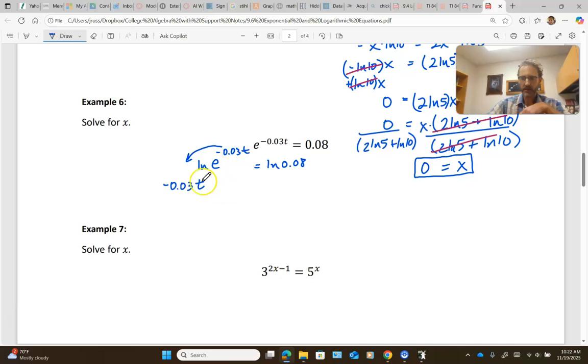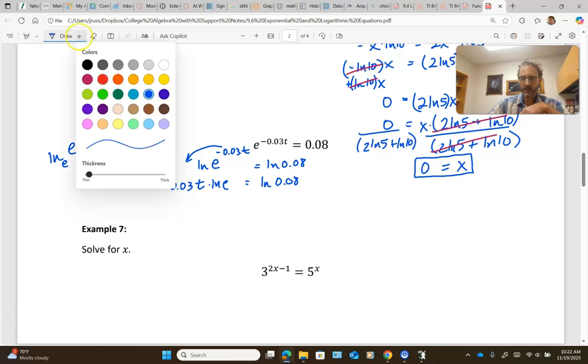So we'll have negative 0.03 times t times the natural log of e is equal to the natural log of 8/100ths. Now, interestingly, the natural log of e is 1, because remember, the natural log has an understood base of e. So e to what power is equal to e? E to the first power.